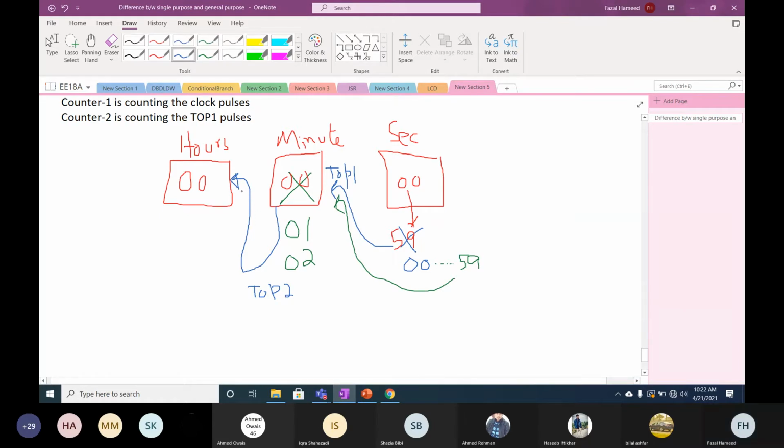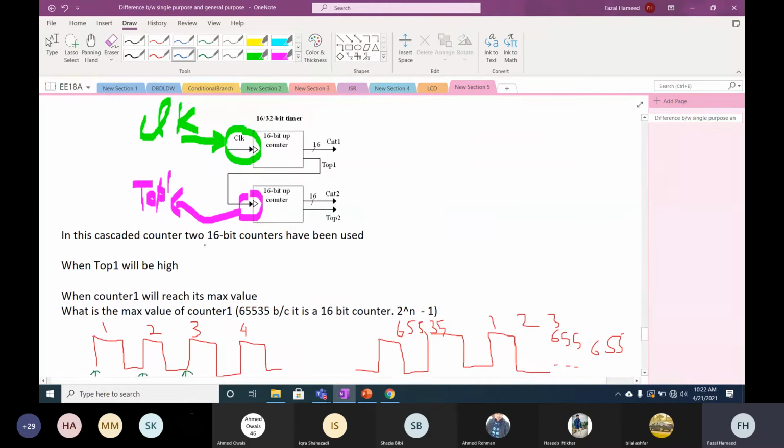cascade multiple counters. Okay. So now there are two options. If you look at this structure, actually it is a 32-bit counter, and a 32-bit counter is realized by cascading two 16-bit counters.